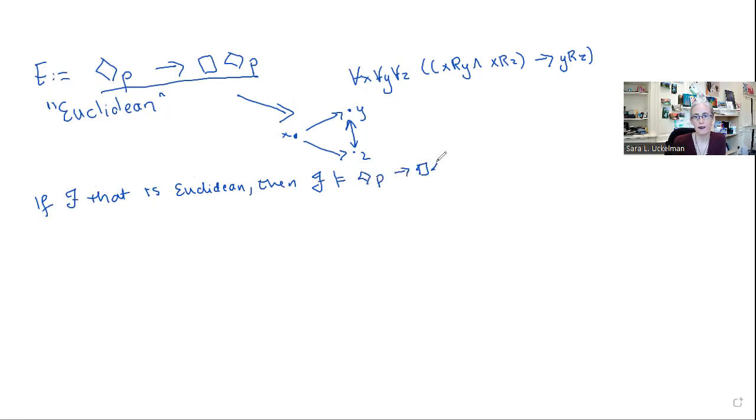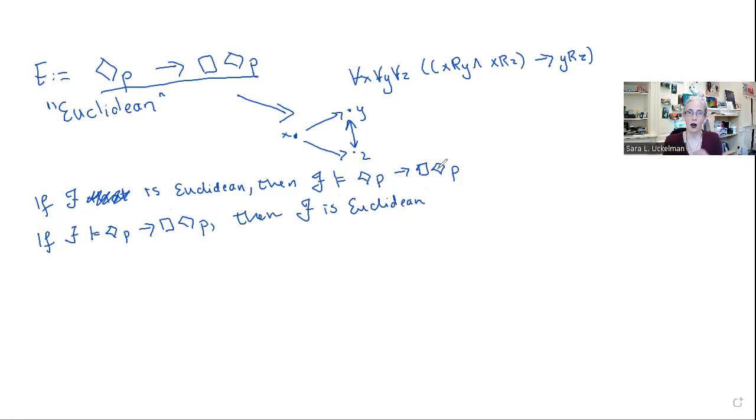So it's always going to be true that possibly P implies necessarily possibly P. And if we have an F that validates possibly P implies necessarily possibly P, then F is Euclidean. So these, you'll recall, are the two things that we need to prove in order to prove a correspondence result. So let's start off with this direction. This is the easy one.